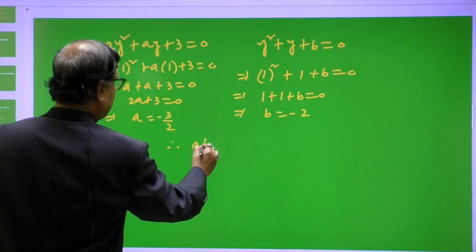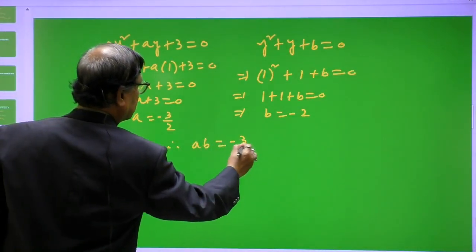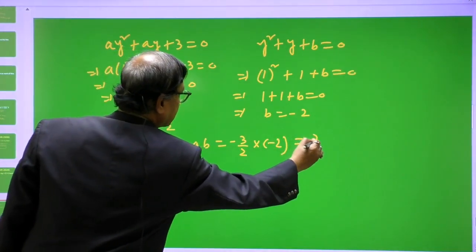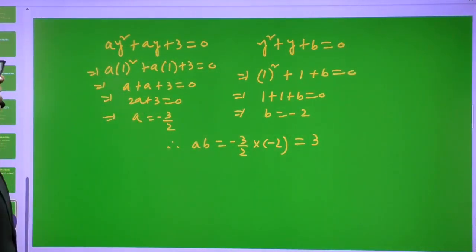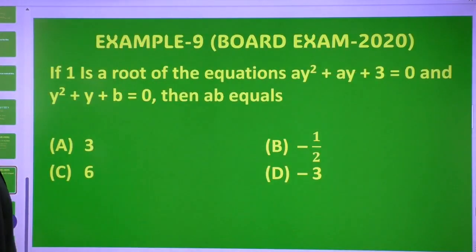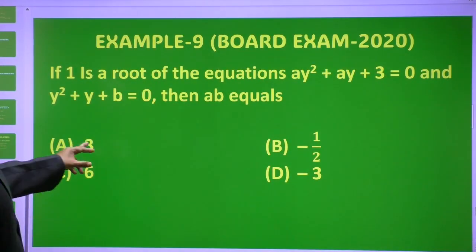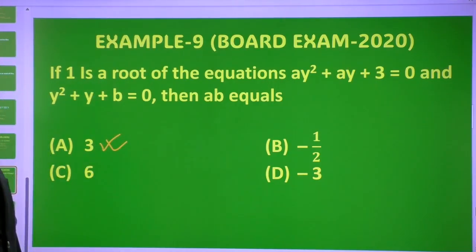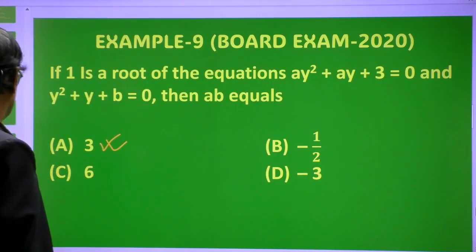Therefore, ab is minus 3 by 2 into minus 2, that is 3. So value of ab we got 3, and our option A is 3. So option A is the correct answer of this question.